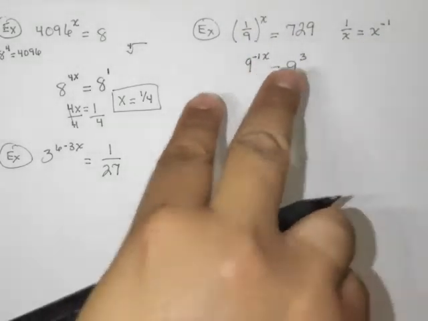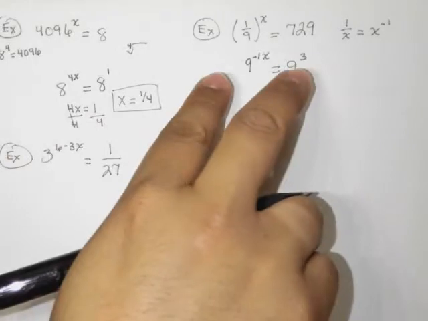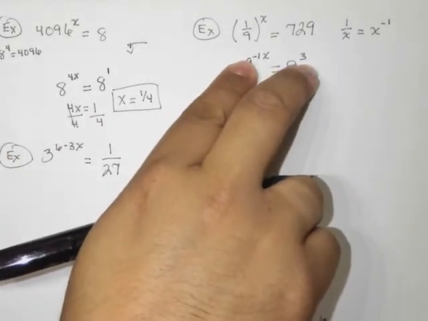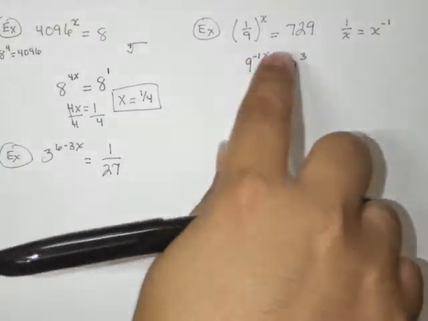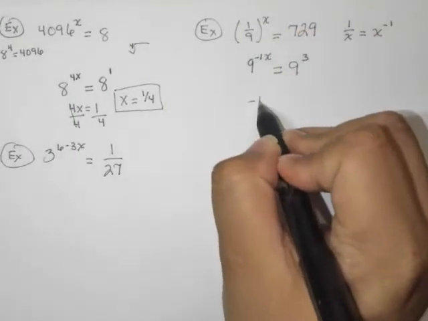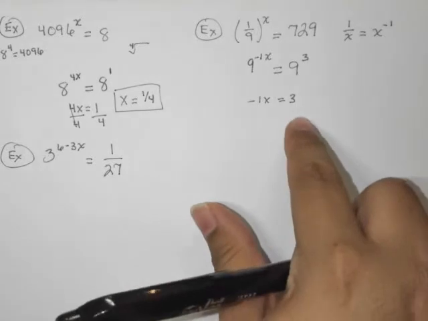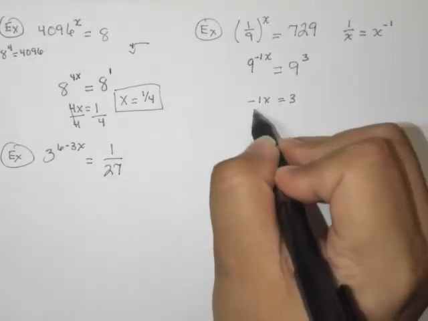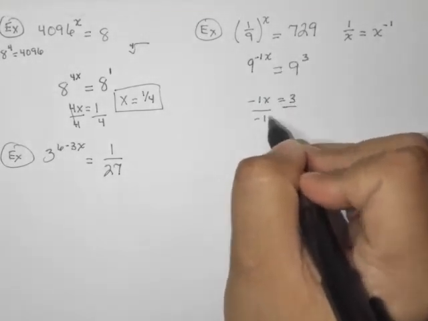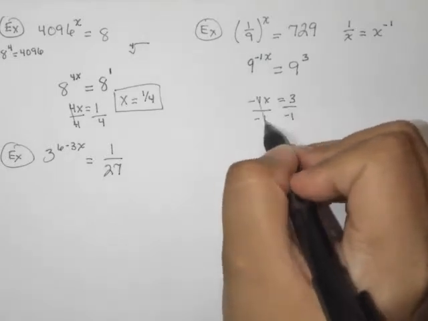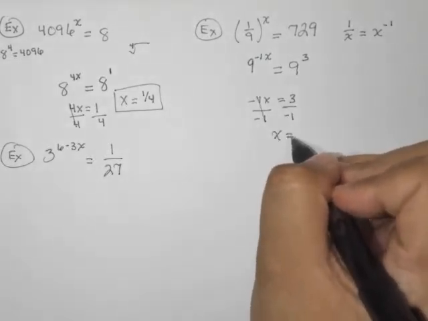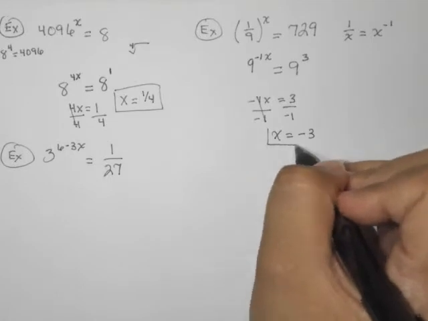Now again, what I said in the previous example holds. If the bases are the same, we can equate the exponents in this equation. So I have negative 1x equals 3. And then, to solve this very simple equation, I divide both sides by negative 1, and x equals negative 3 in this case.